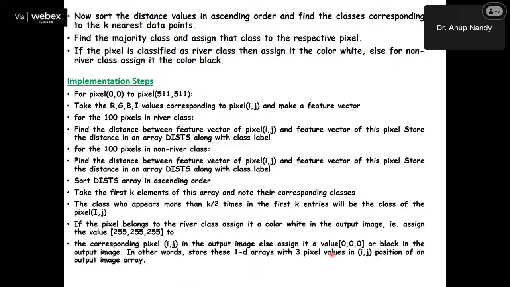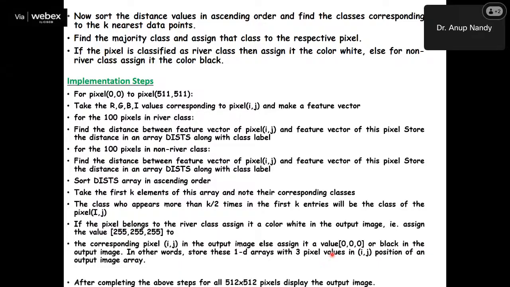You can store this in a 1D array with three pixel values at the (i, j) position, and this goes into the output image array. That's how we can use it as a 1D array.